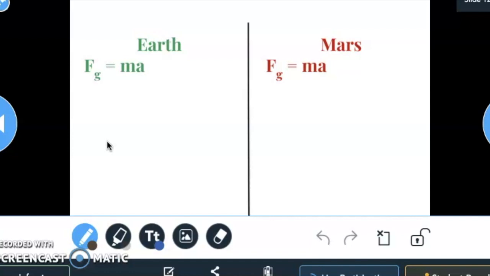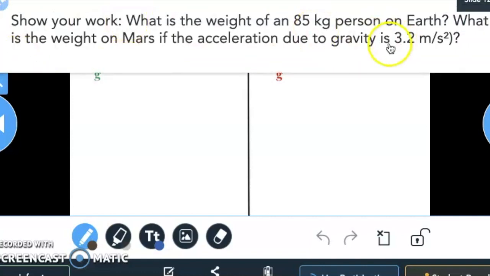And the force of gravity or weight of that same person on Mars would be 272 newtons.